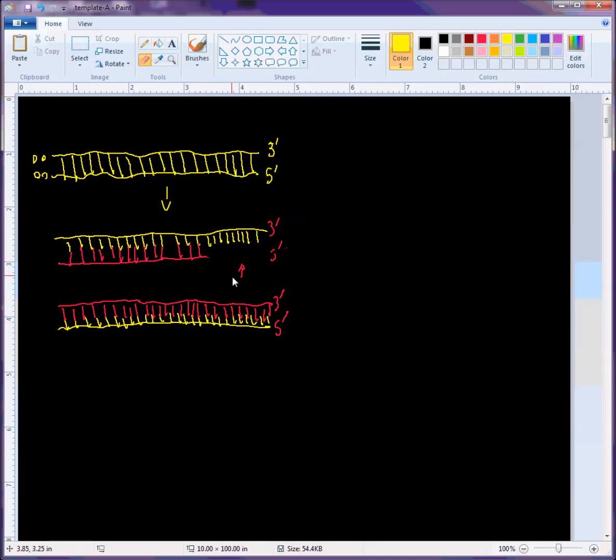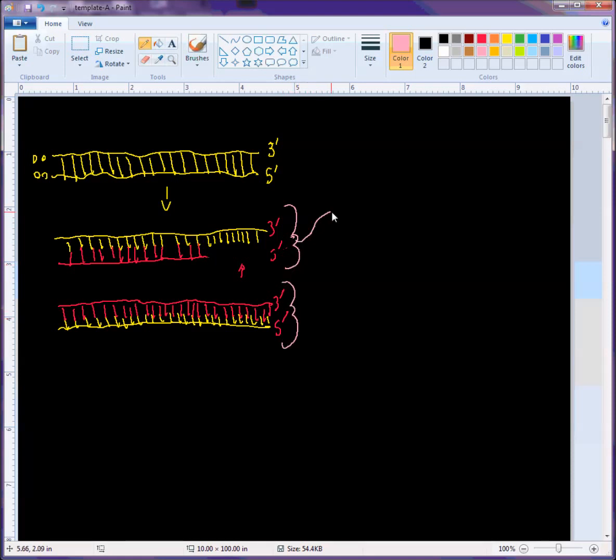Okay, so we got two DNA molecules here, and now let's say these are both in different cells. Let's look at replication of this one right here. Okay, so this DNA molecule is in a cell, and this is in another cell. And let's watch.